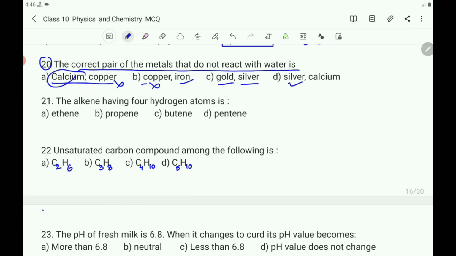Silver and calcium: silver will not react, calcium reacts. So here you have to take the answer gold, silver. Both of them do not react with water. So the correct pair of metals that do not react with water is gold and silver.